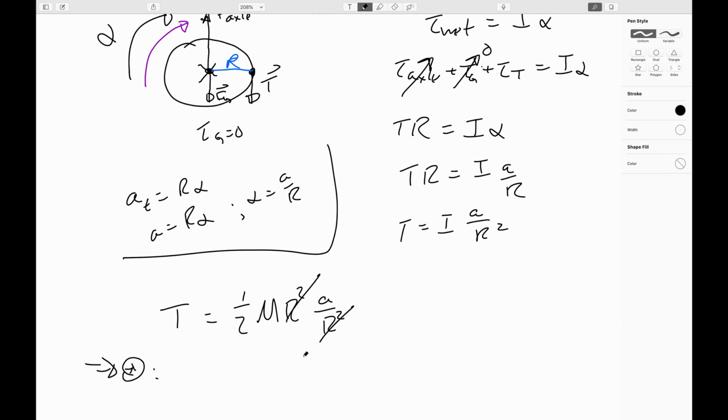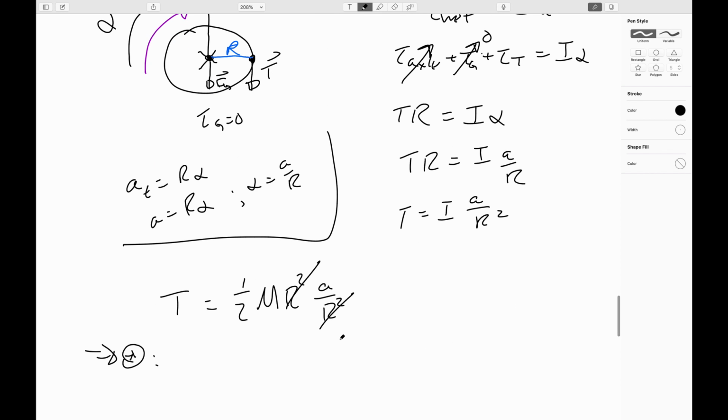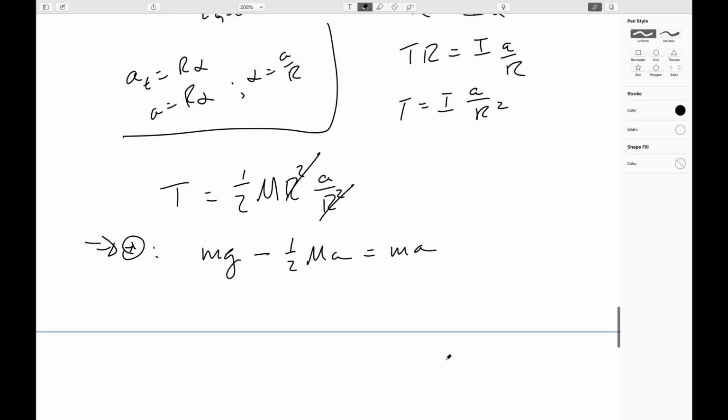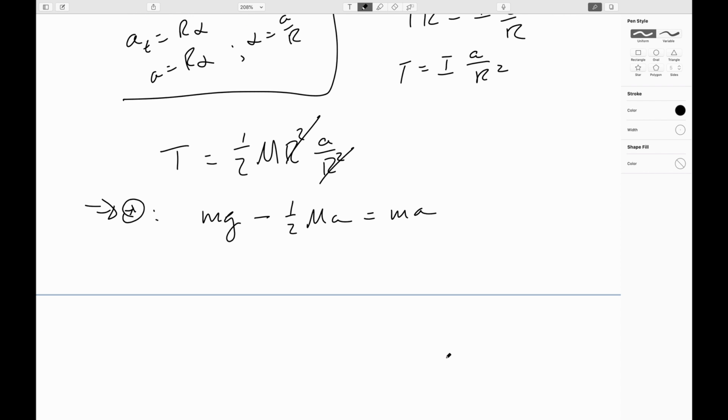So plugging that into star, we had little mg minus the tension, which we've now worked out as 1/2 big M a, equaled little m a. All right, now we can go ahead and start solving for the acceleration. So we've got little m a plus 1/2 big M a equals little mg.